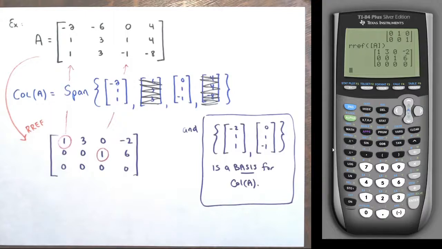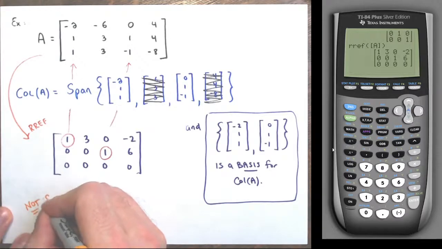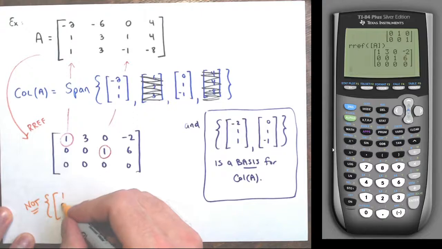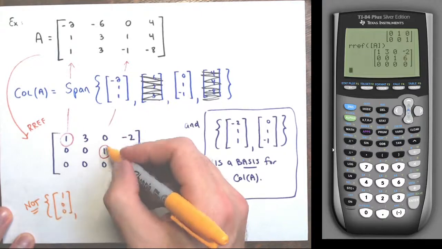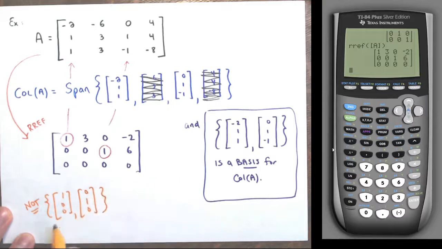And here's another example of where you wouldn't use this set. Say you put it in reduced echelon form, and you think, hey, there's my pivot column 1, 0, 0, and there's another pivot column 0, 1, 0. That is not a basis. Look at the third components of both of them. The third components of both of these is 0.